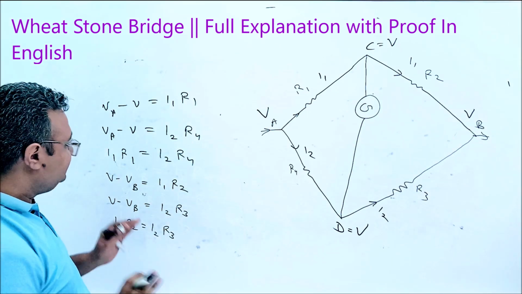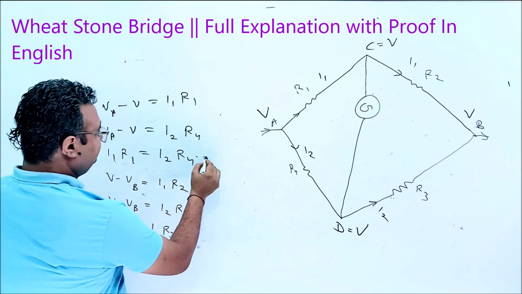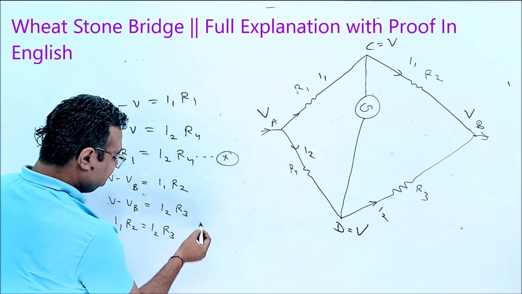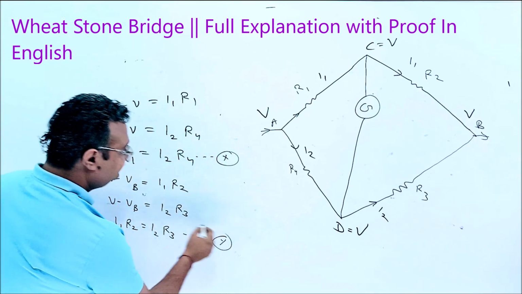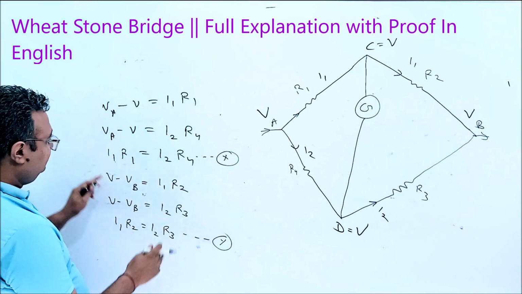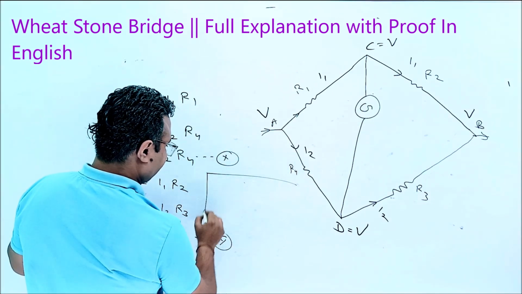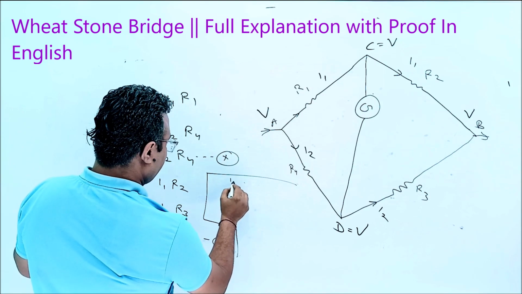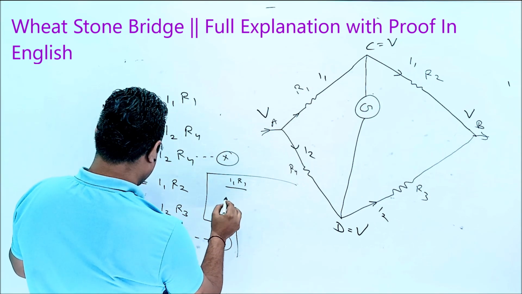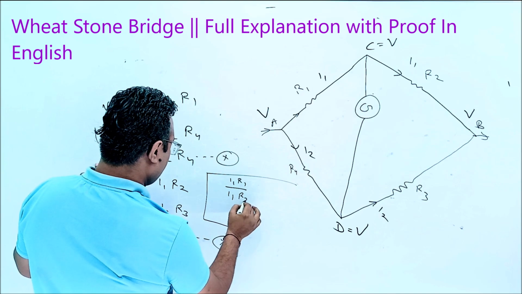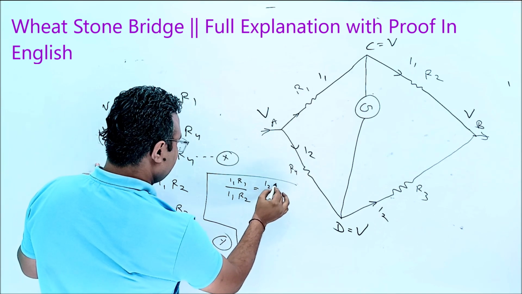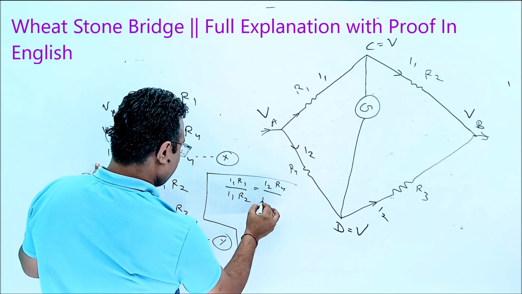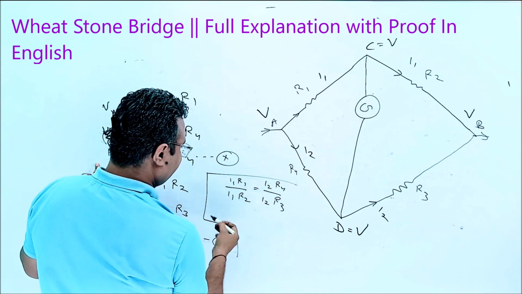Now student, we can call these equations x and y. On dividing x by y, we have I1 R1 upon I1 R2 equals I2 R4 upon I2 R3.